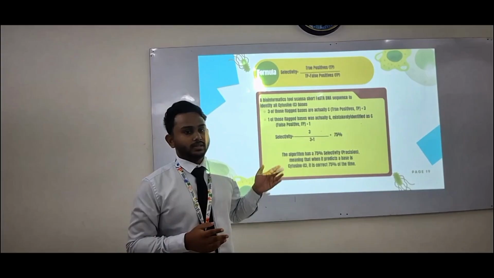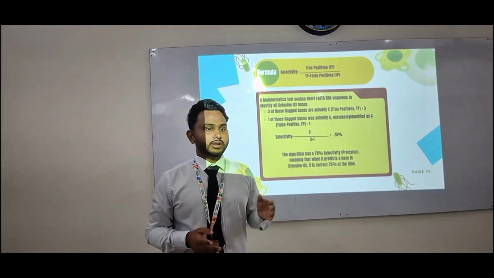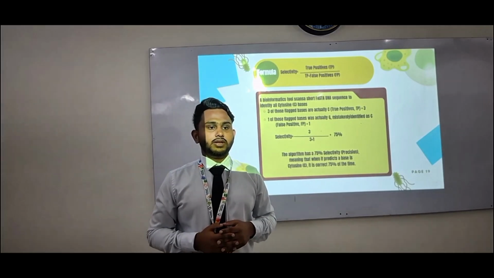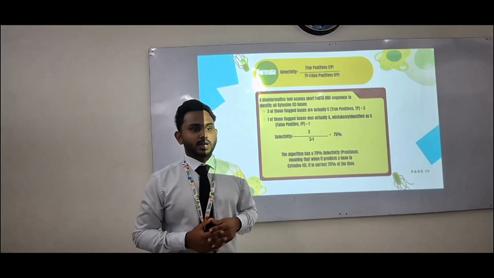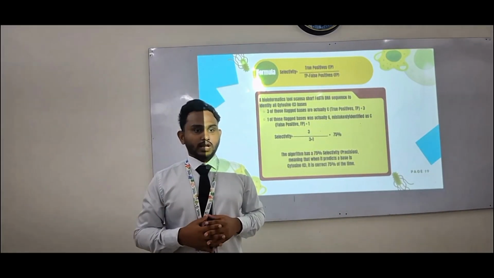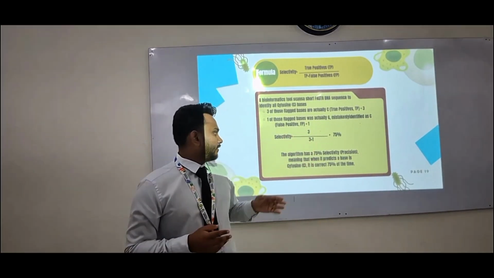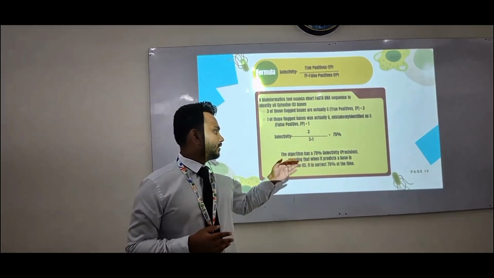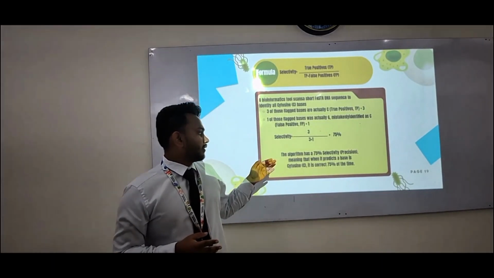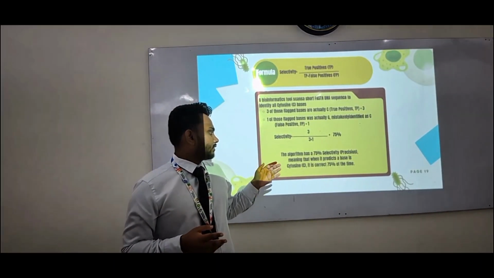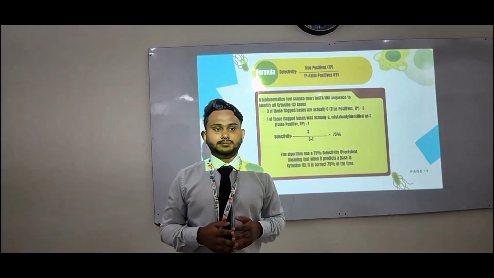It flags some bases and 3 of them are actually C. But one base was actually Z, which the tool mistakenly identified as C. The calculation is 3 divided by 3 plus 1, which is equal to 75%. The algorithm has 75% selectivity or precision. This means that when it predicts a base is C, it is correct 75% of the time.